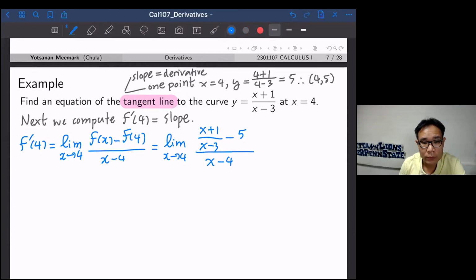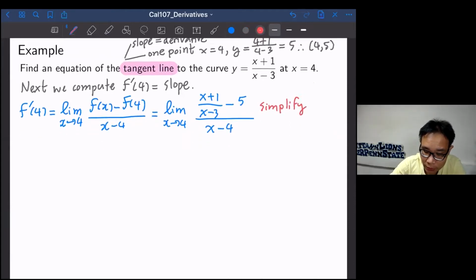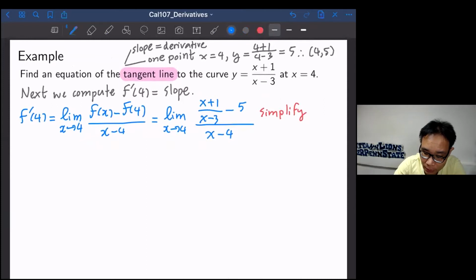To have this one, you need to simplify in order to compute the limit. You may combine the top part. This one is your f of x, minus 5, over x minus 4.